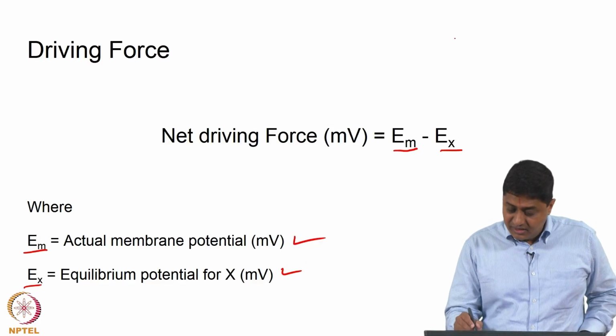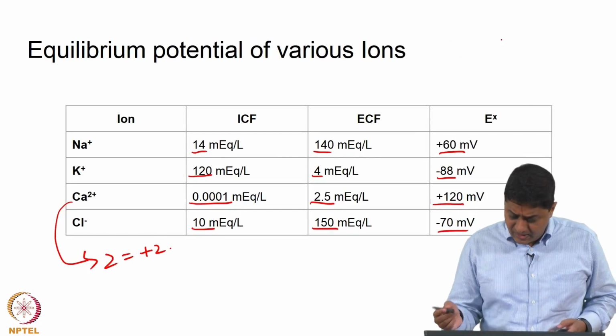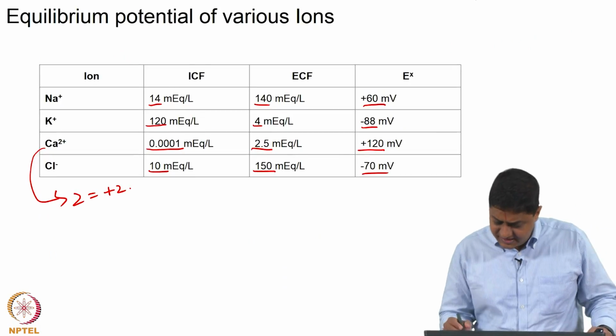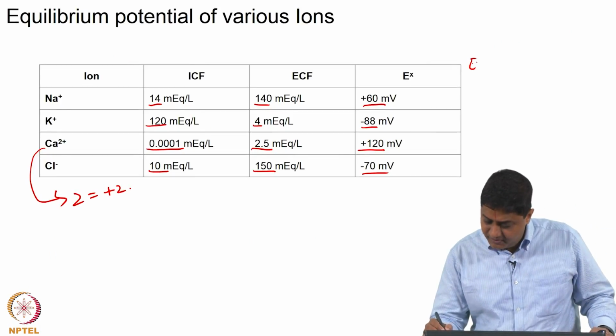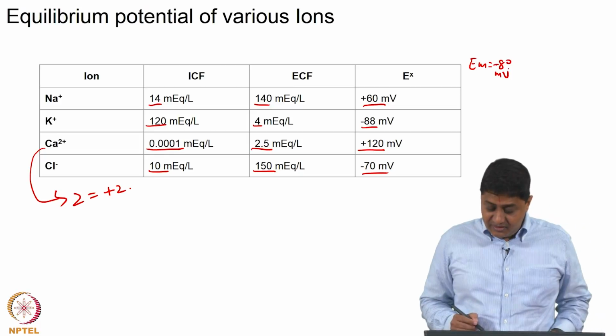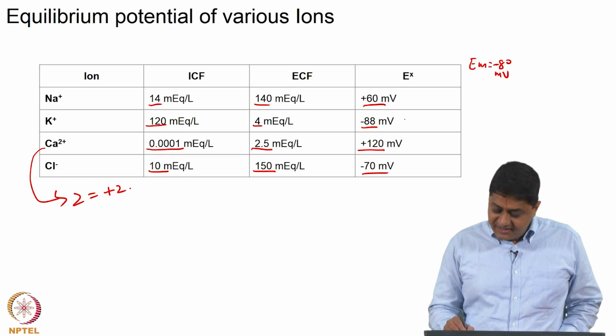Suppose Em is say minus 80 millivolts, right. Let us go back to the previous slide and see. Suppose Em is equal to minus 80 millivolts. Then in that case, which of these ions will have large movements, which ones will have small movements? This one will have small movements. Why?